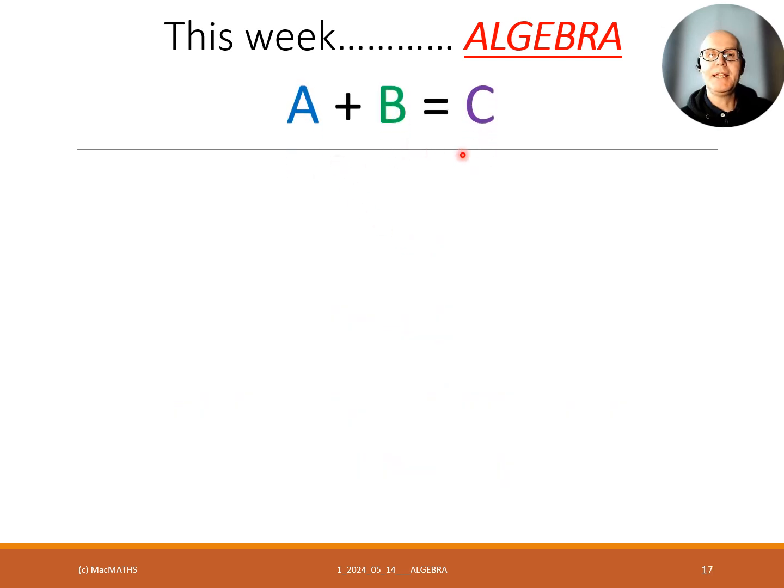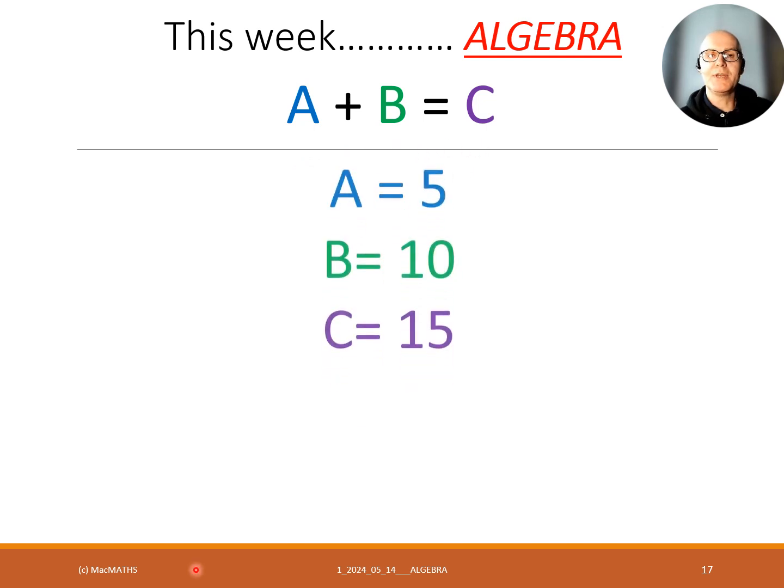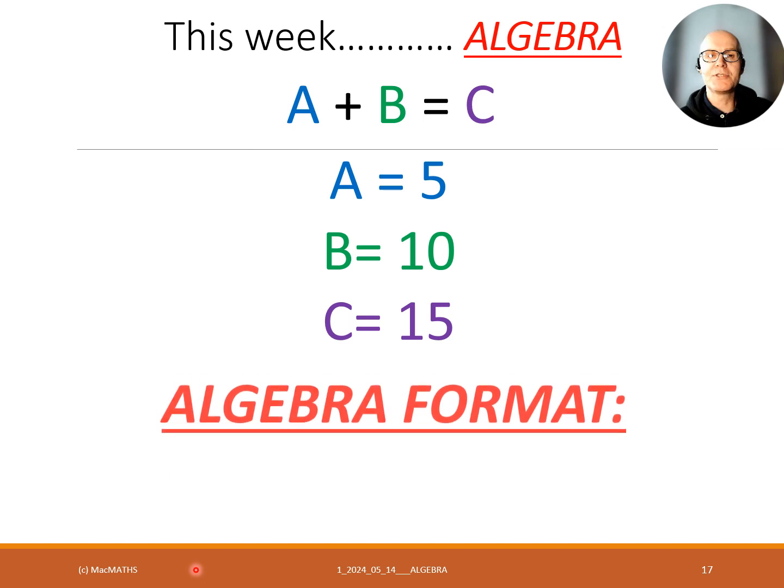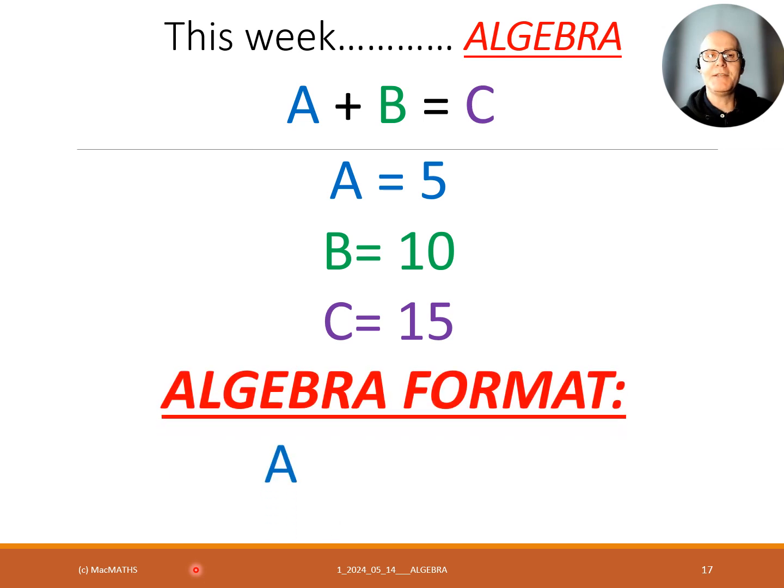A plus B equals C. So the formulas that we've looked at so far have involved X, Y and Z. There's no rule about having to use X, Y and Z. You can use any specific letters that you like. So here's the exact same values, 5, 10 and 15.